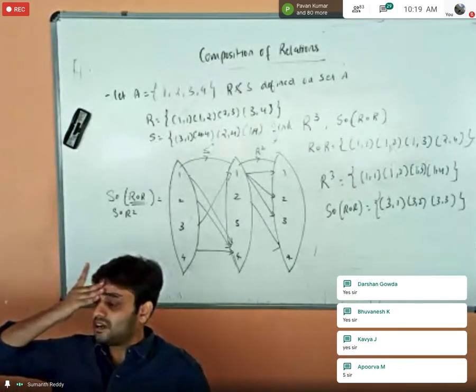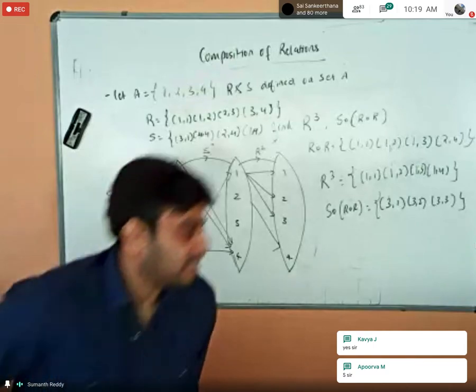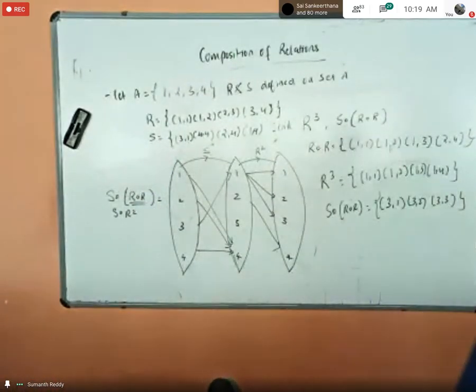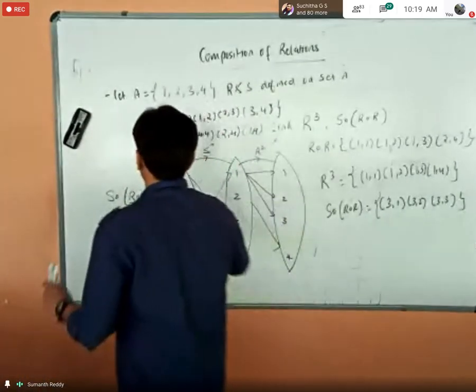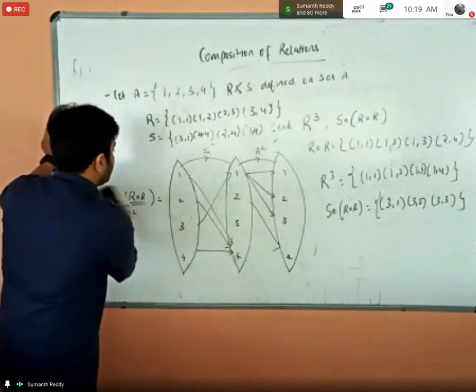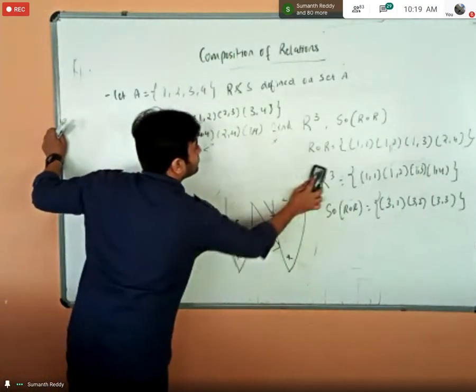And one more thing: rarely, instead of this, they might ask you to represent the relation in the form of a matrix or digraph. So again, let me take the same problem.